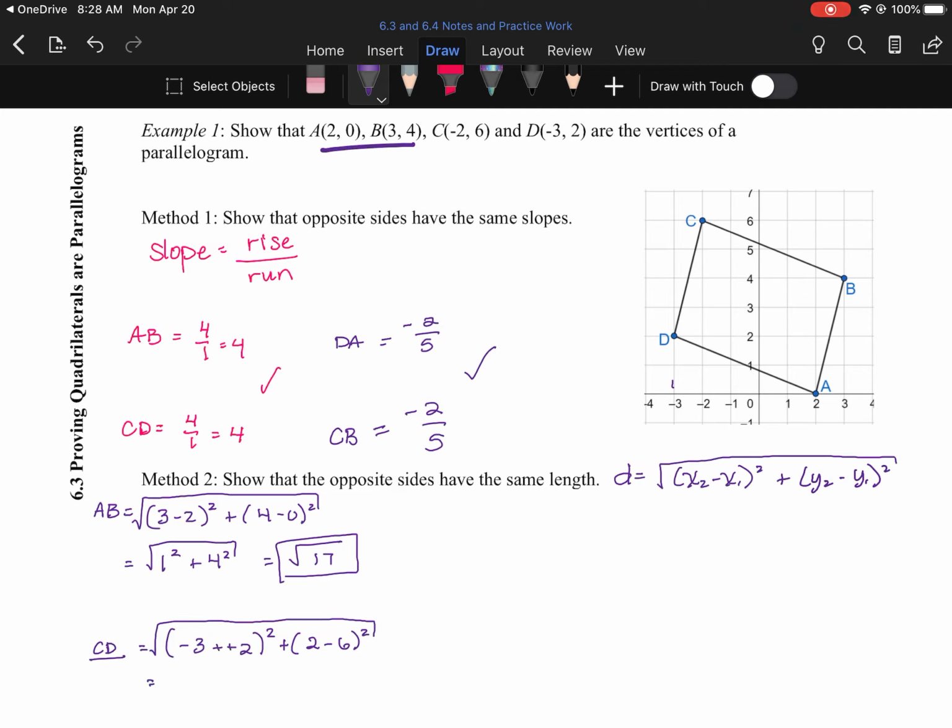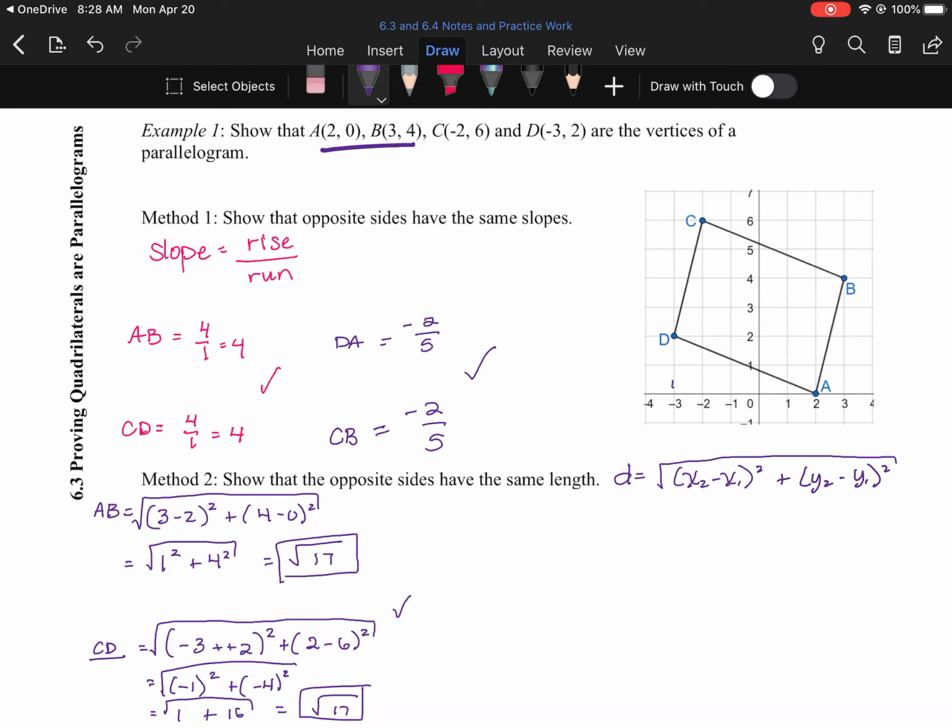So those two negatives make it positive, so we get negative 1 squared plus negative 4 squared. So we get 1 plus 16, which is the square root of 17. So that one works out too.